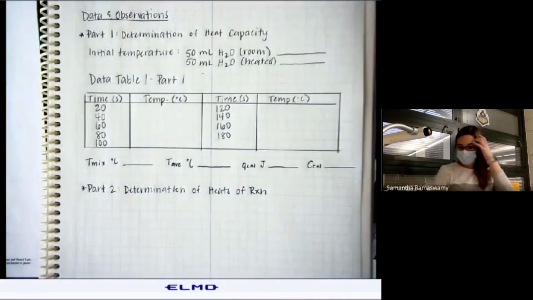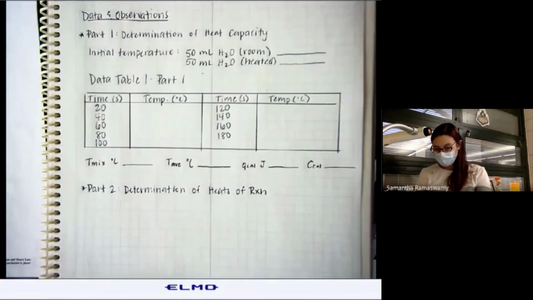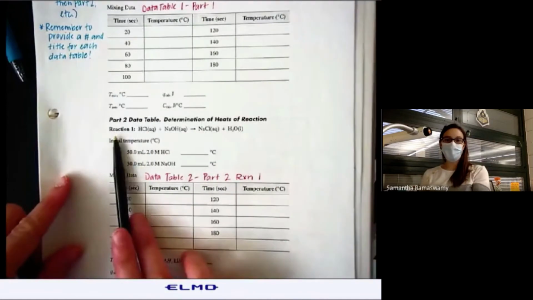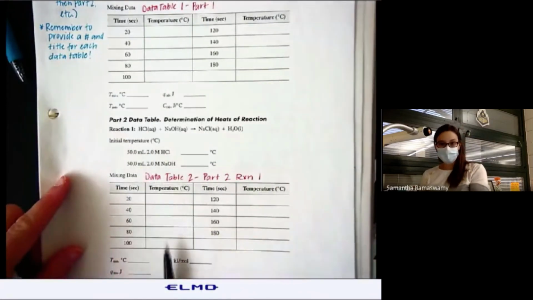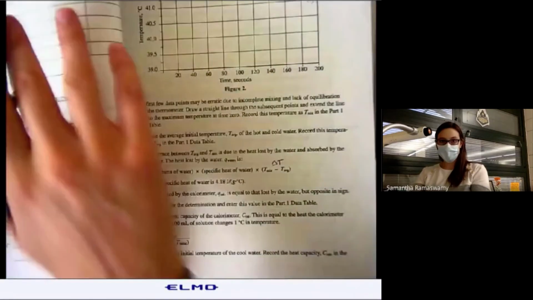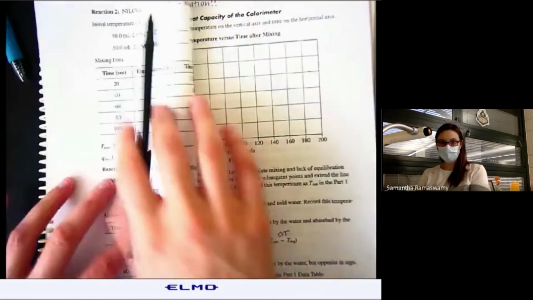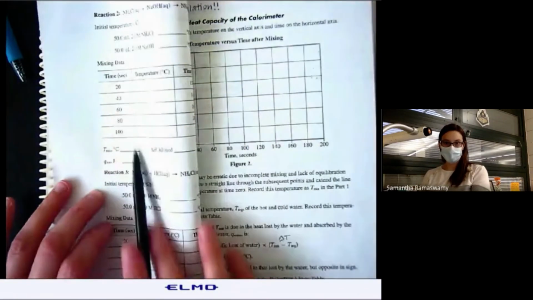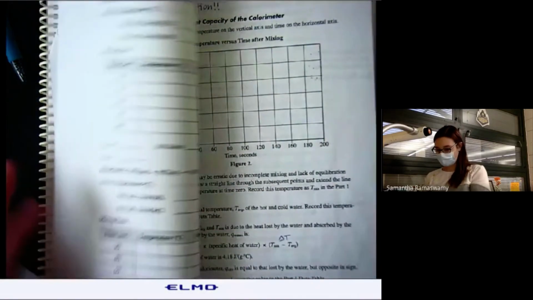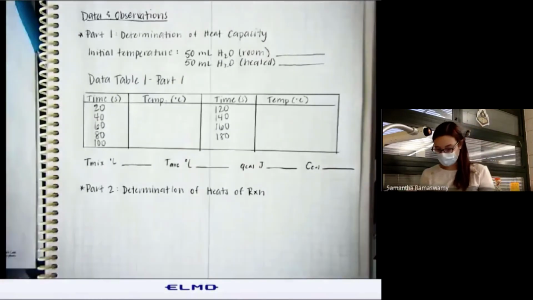Then we'll go through. Notice for part 2, it says reaction 1 gives us all of the information. Reaction 2, right up here, gives us all the information. Reaction 3 gives us all the information.